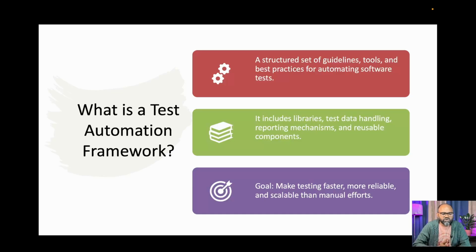So finally, what is a test automation framework? These are the definitions, and we are going to discuss all these things in the next video. Right now, I am just going to give you a brief introduction to the framework. What is a test automation framework? A structured set of guidelines, tools, and best practices for automating software tests.